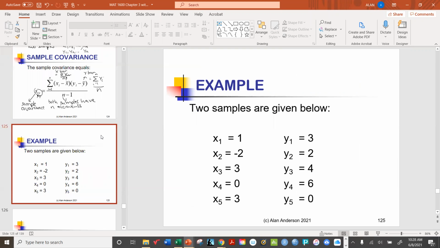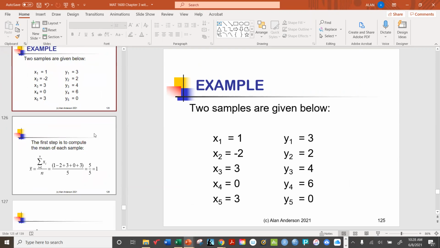Okay, let's look at the data. So here's our two samples. We have 5 elements in each one. And the first thing we want to do is calculate their means. All right, I'll give you a minute to catch up.